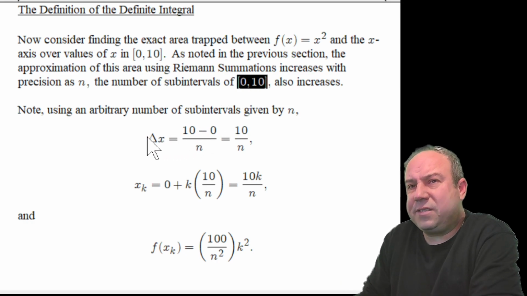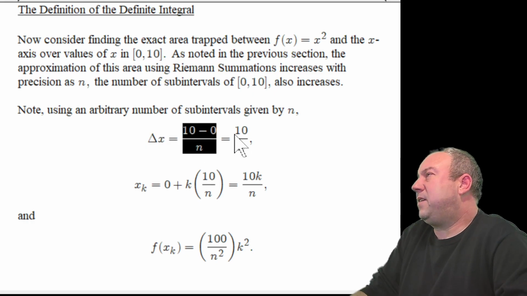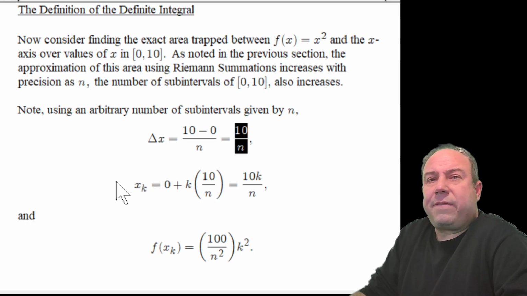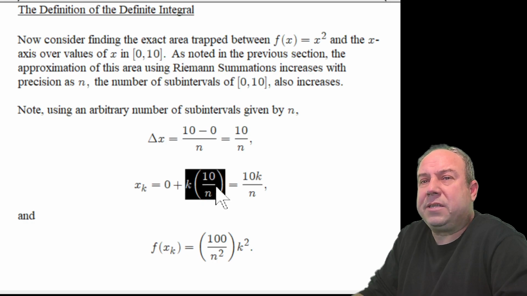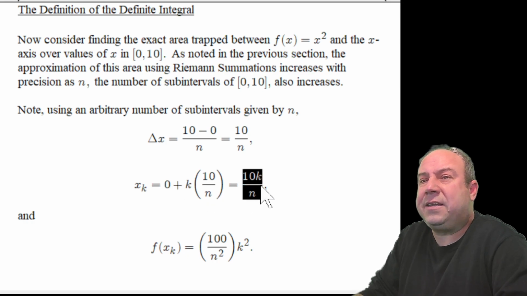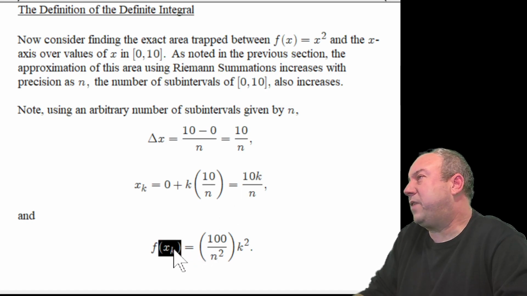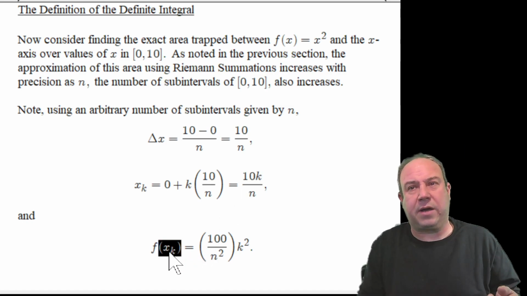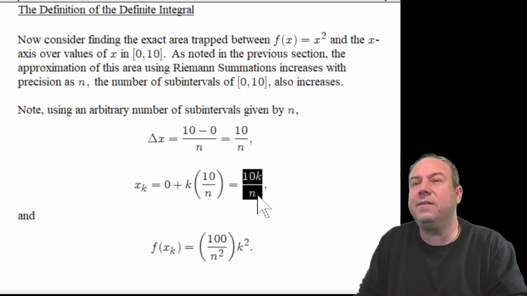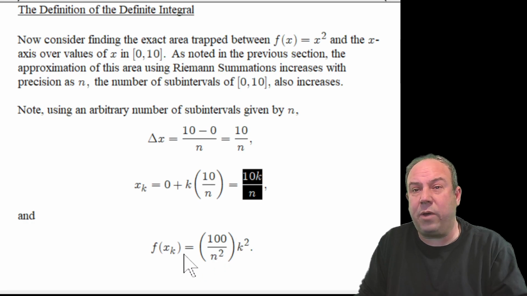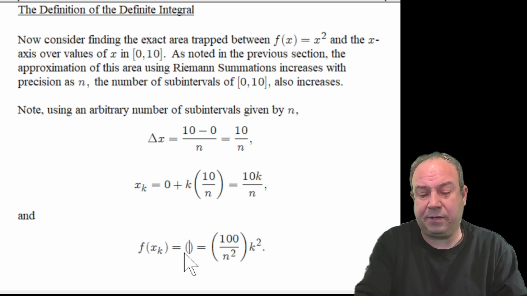So if n is some arbitrary value, that means our delta x would be given by 10 divided by n, and our value x sub k, which for a right Riemann sum would be a plus k times delta x, would be 10k divided by n. And if we substitute that into our function where this quantity is going to be squared, 10k divided by n quantity squared, let's substitute that in here.